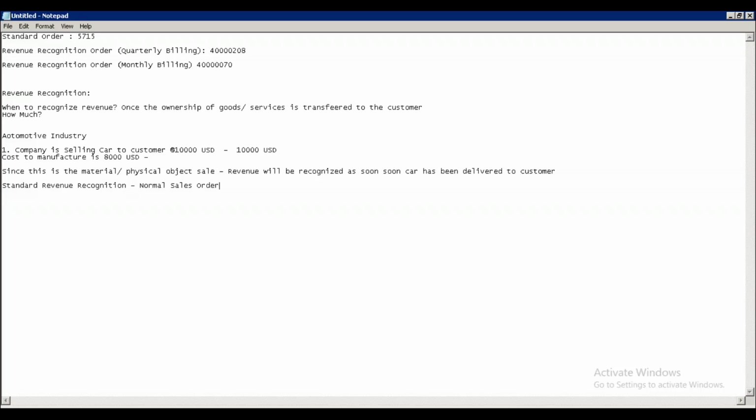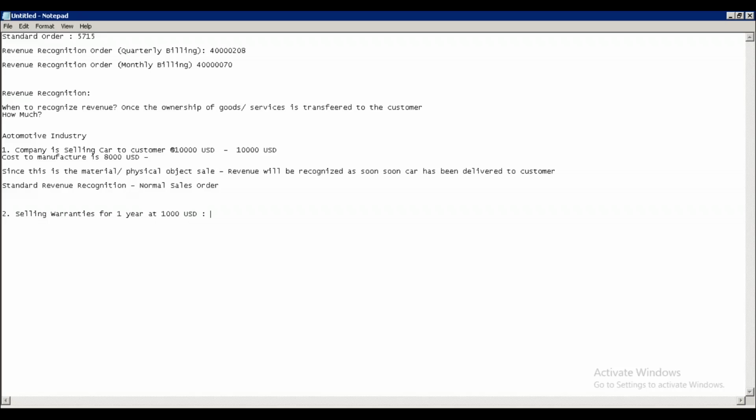I'll give you the example. Now let's take another example of the same automotive industry. What they are doing is they are not only selling the cars, they are also selling the warranties. Okay, let's say this company is selling the warranties for 1 year at 1000 USD.